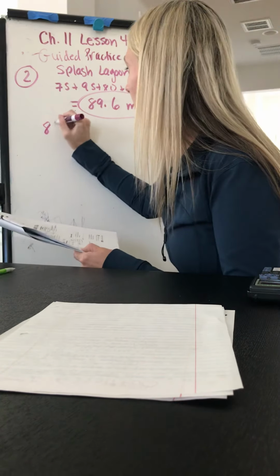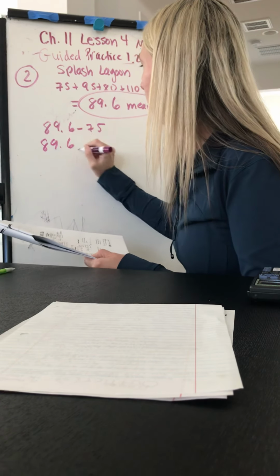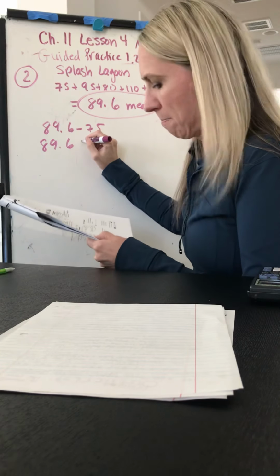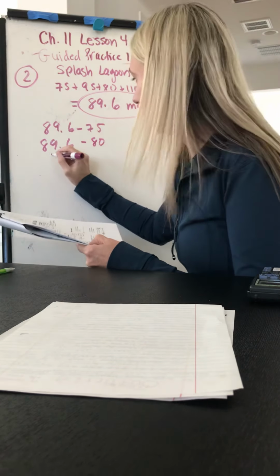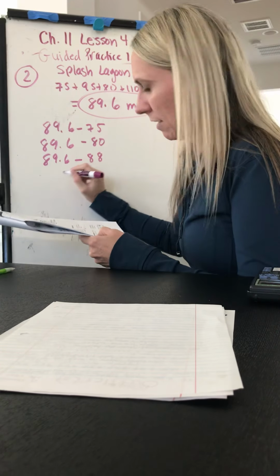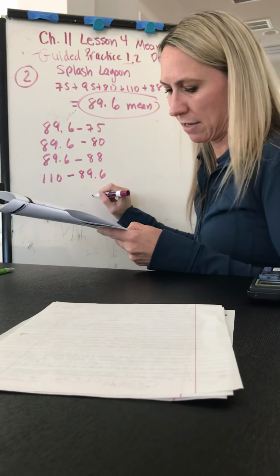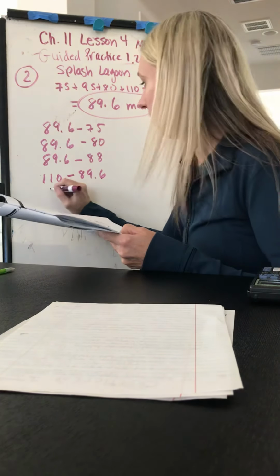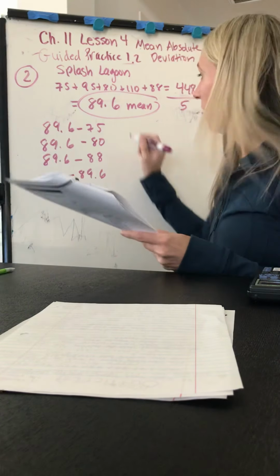So I have 89.6 minus 75, 89.6 minus 80, 89.6 minus 88, and then I have 110 minus 89.6, and then I have 95 minus 89.6, okay?